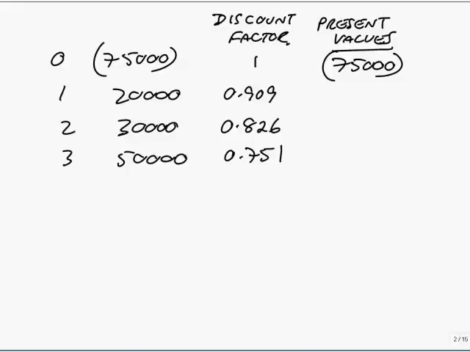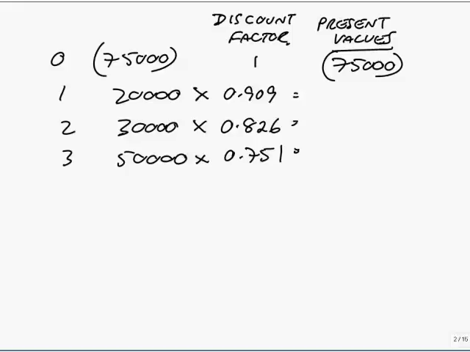And remember, to get the present value, you multiply by the discount factor. And unless you are told differently, do things to the nearest dollar.